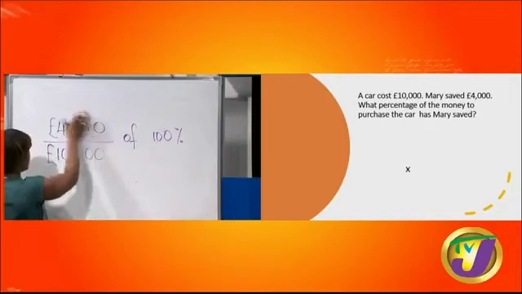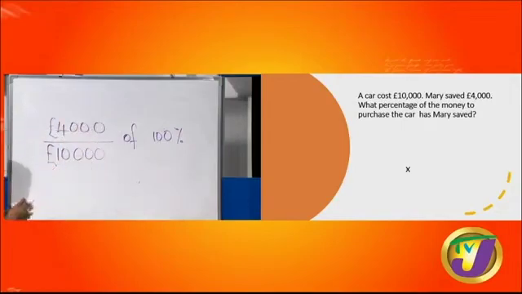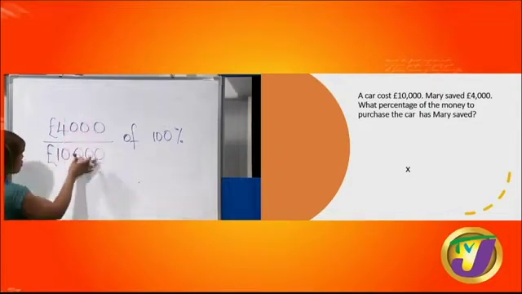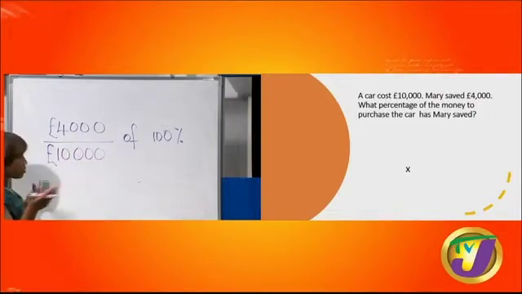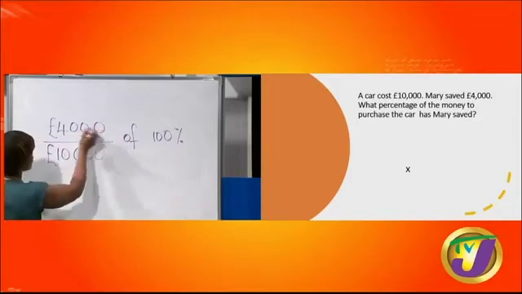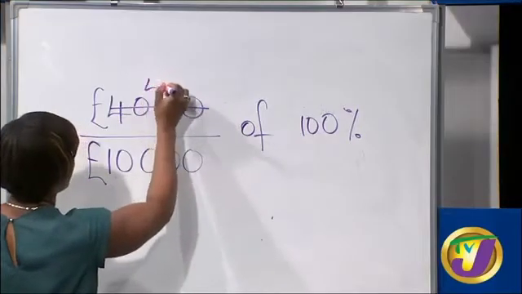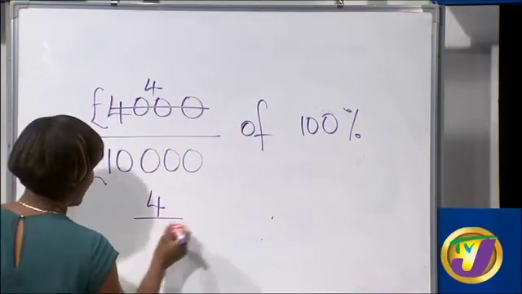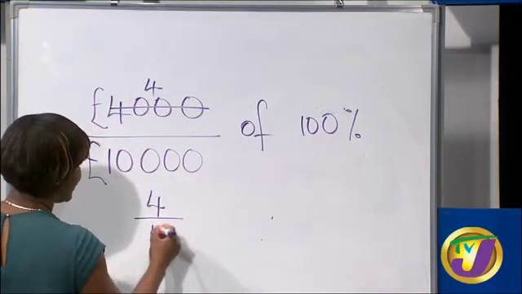So let us find out now. So we have 4,000 out of the 10,000. We can factor out 1,000 out of the 4,000 and 10,000 to write an equivalent fraction, and to simplify this fraction. So we would rewrite this fraction as 4/10.